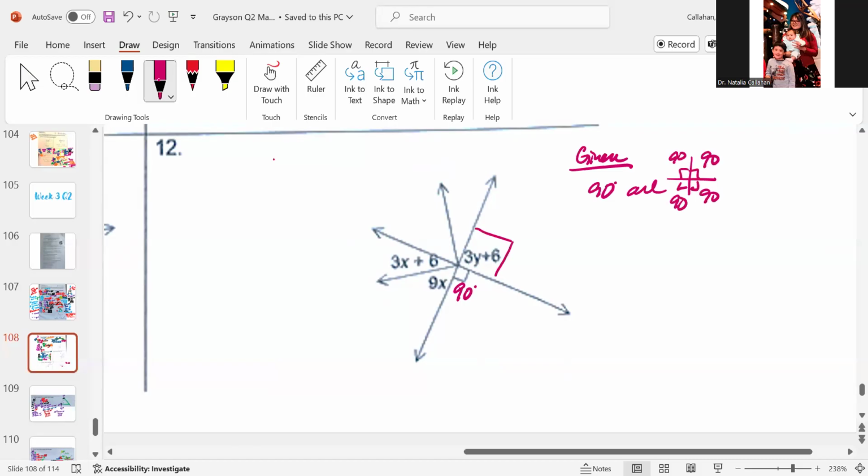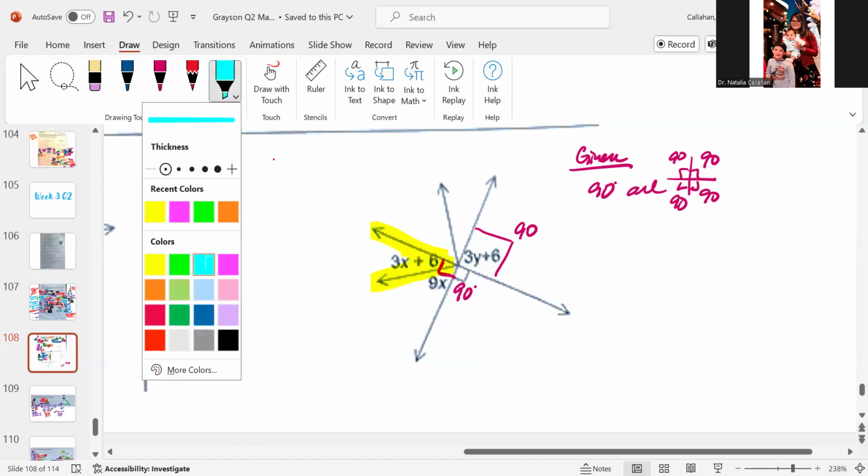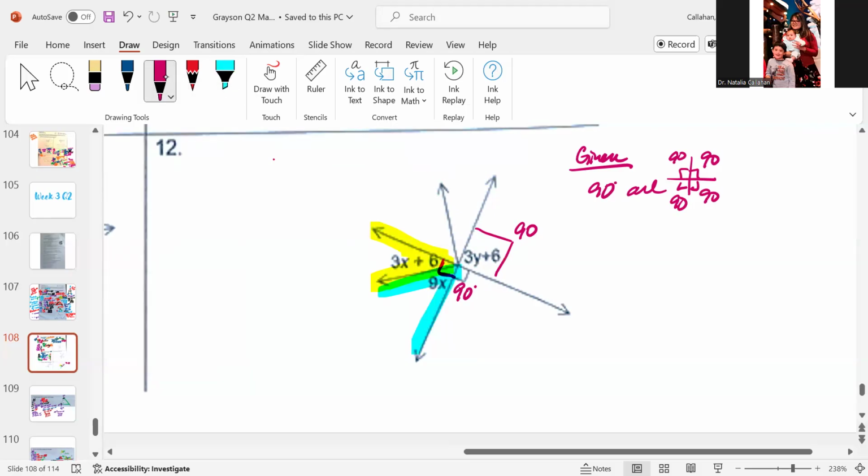This one is also 90, right? This part right here, these two angles. Do you see the yellow angle right here, and also this blue angle right here? This is also 90, which means that it is complementary, right? So what are we gonna try to find?